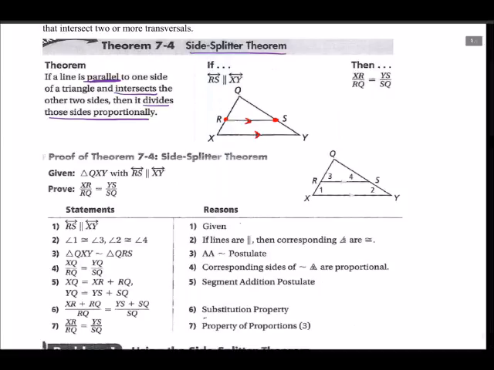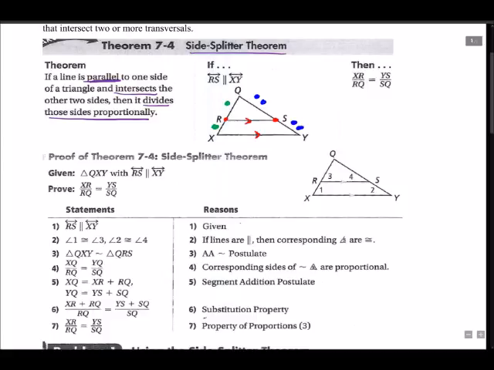So what does this look like? This says that segment XR here compares to segment RQ, and segment YS compares to segment SQ.